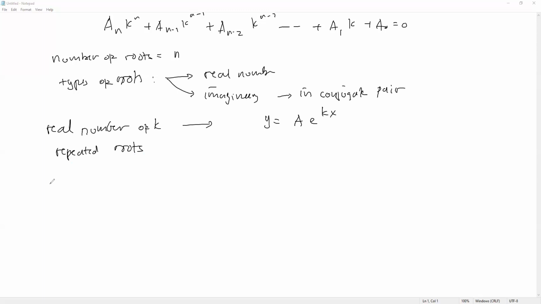If it's repeated here, then the first answer is going to be a e to the power of kx. Then another one is going to be a times x e to the power of kx. This is the second root, second repeat. If it is a third repeat, then y is going to be a x squared e to the power of kx. That's the third repeat, etc.